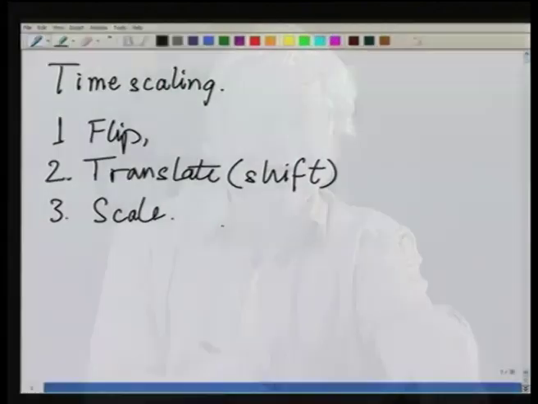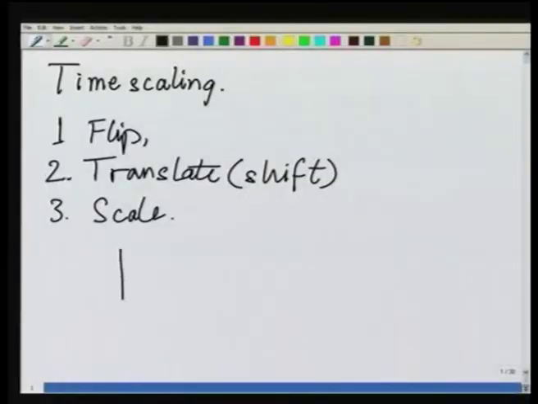3 at a time. For example, let us consider a simple signal such as the previous one. Let us say the amplitude is 1 and that it stretches from minus 1 to plus 1.